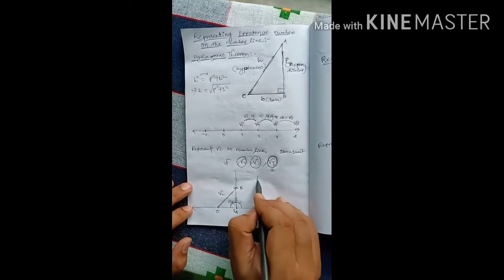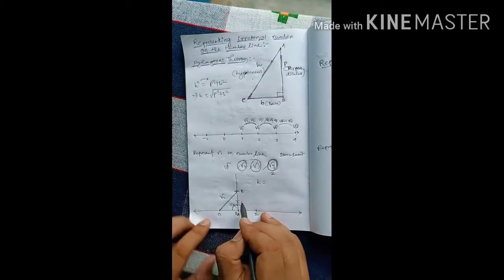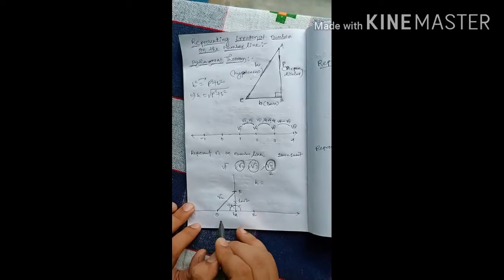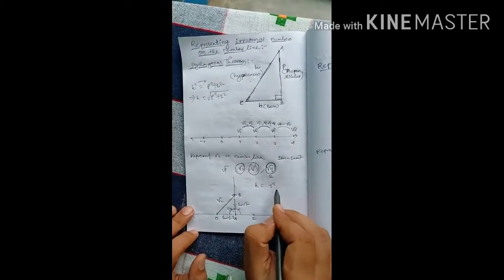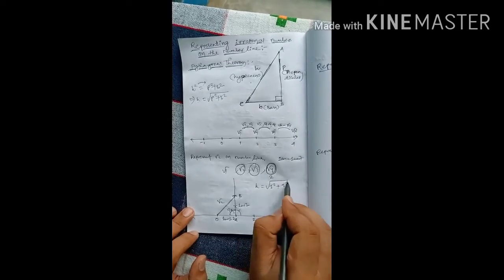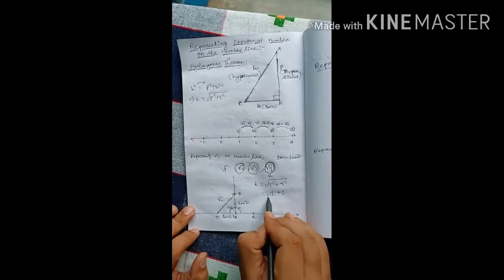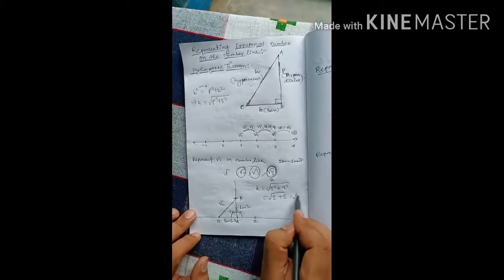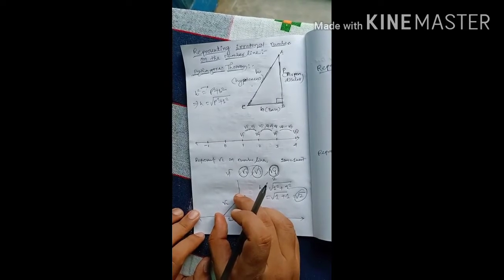So h is equal to the square root of p square plus b square, where p is 1 unit and b is also 1 unit. So root of 1 square plus 1 square. 1 square is 1, also 1 square is 1, so root of 1 plus 1, which is root 2. So the distance OB gives root 2 units.